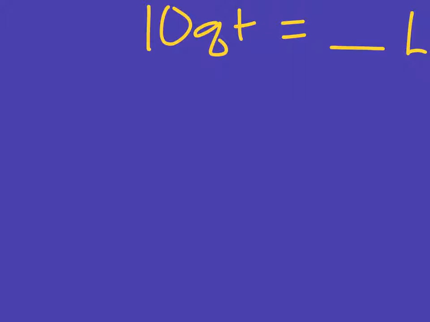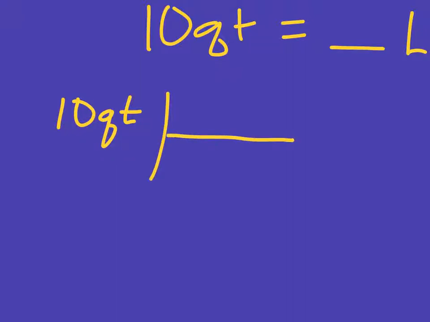Okay, let's try to work this thing out. I'm going to use the conversion factor method first, and then I'll show you the proportion. Okay, so we're starting with 10 quarts, and it wants us to go to liters. Looking over at the conversion factor, I know that 1 quart equals 0.95 liters, and since I'm trying to get to liters, I want quarts on the bottom, so that way they'll cancel out.